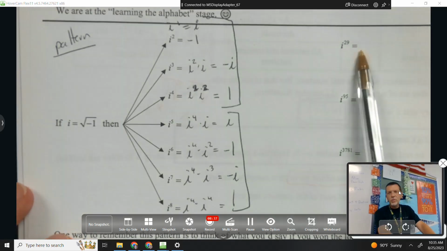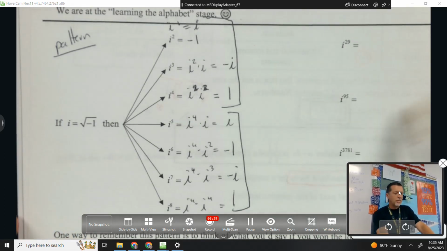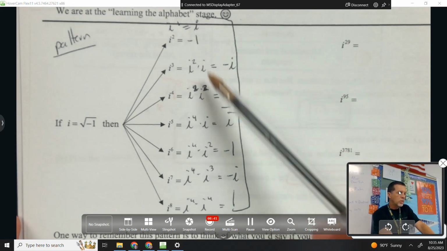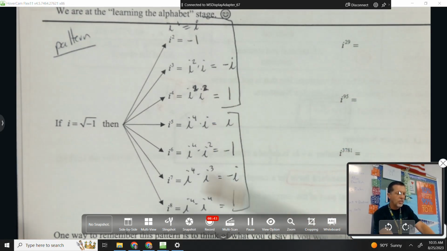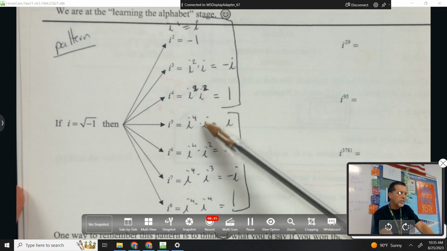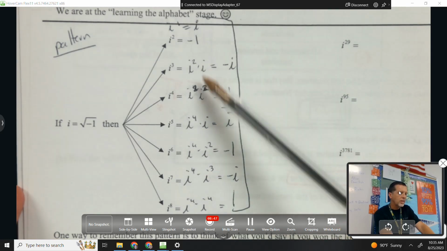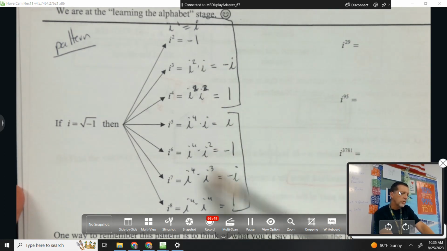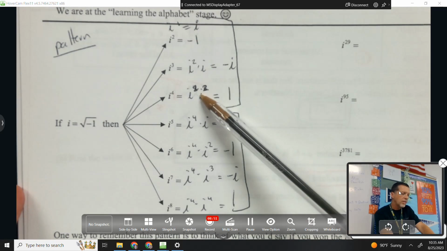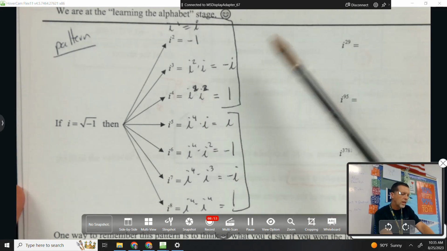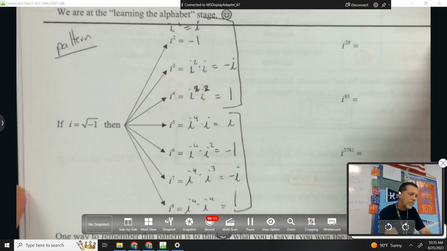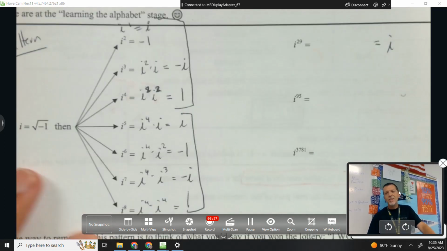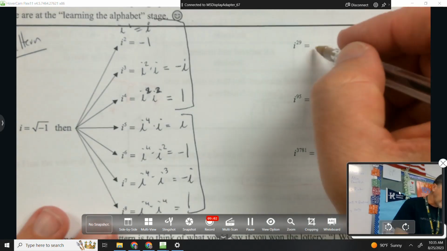So i to the 29th, one way to get there would be just to count 1, 2, 3, 4, 5, 6, 7, 8, and then just start over, and keep counting up to 29, which is i. Now, that's not awful for 29, but we could rewrite this.